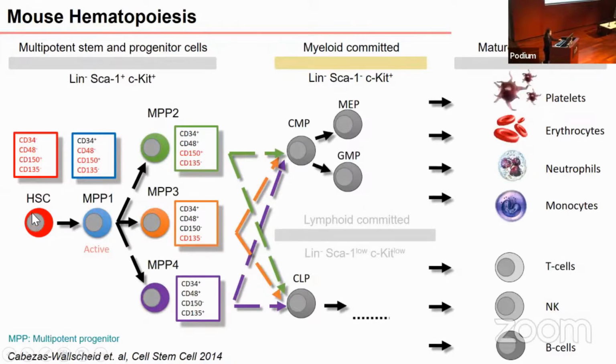Briefly, the hematopoietic stem cell is at the top, which produces the multipotent progenitor cell, or MPP1, which is metabolically active. That gives rise to MPP2, 3, and 4. Later on, those cells produce the different types of mature effector cells in the blood, including platelets, erythrocytes, neutrophils, monocytes, T cells, or B cells.